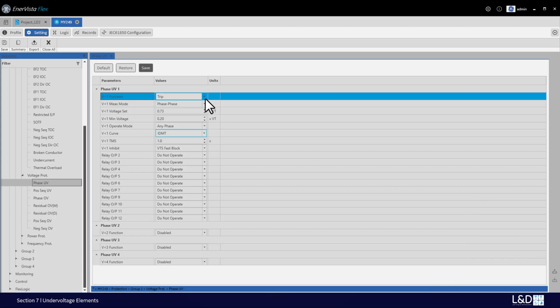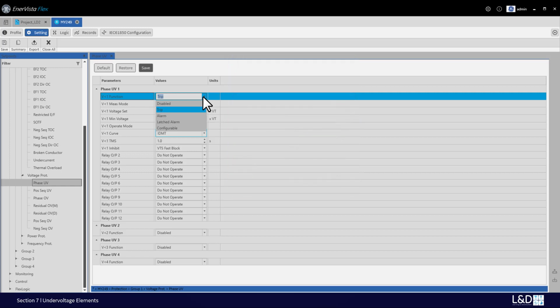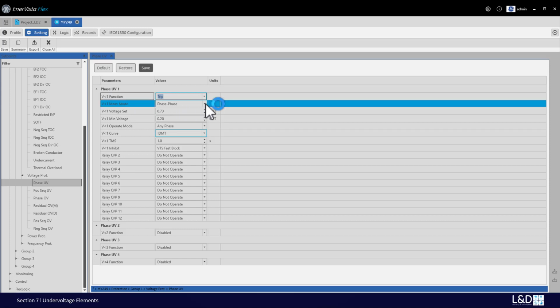In the phase undervoltage, the function setting is the same as the current element: trip, alarm, latched alarm, and configurable. The measurement mode has the phase-to-phase or phase-to-neutral options. When the VT is set to delta, then the phase-to-phase mode should be chosen.